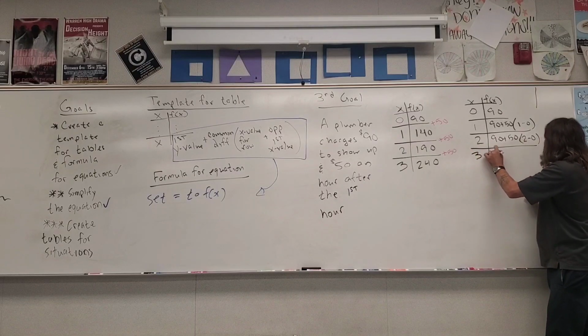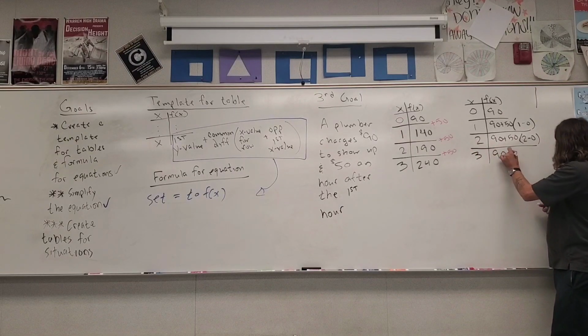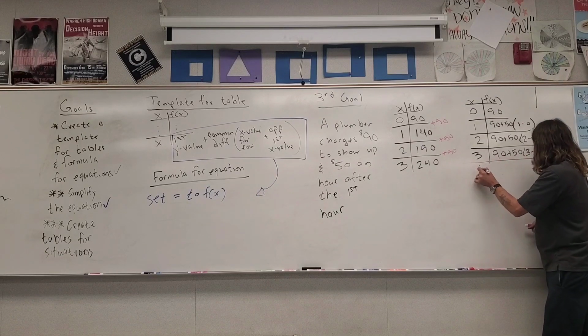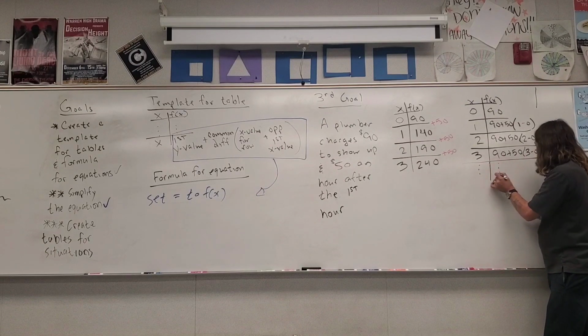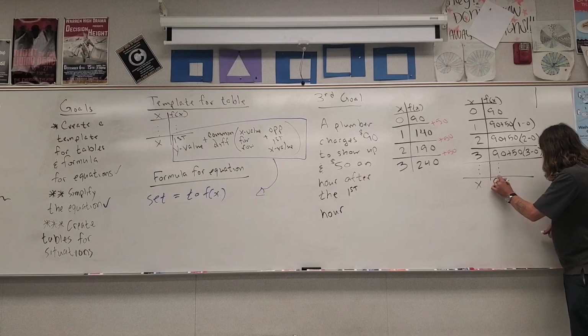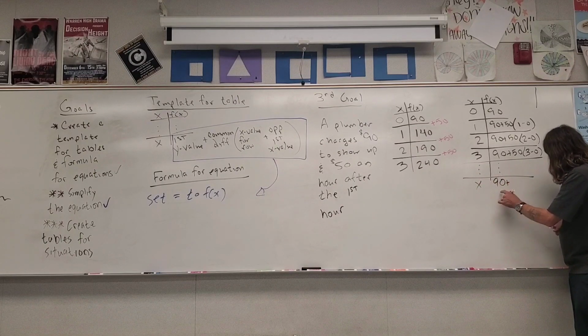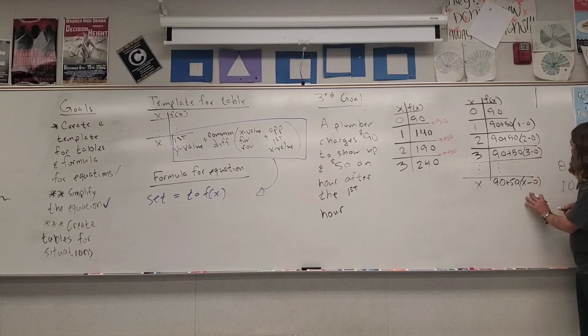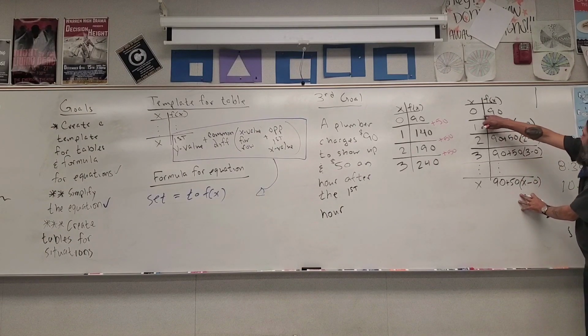So 3, first y value, plus my common difference, the x value for that row, minus 0. And now I can generalize, and I get 90, my first y value, plus my common difference, times my x value for that row, minus 0, which is the opposite of my first x value.